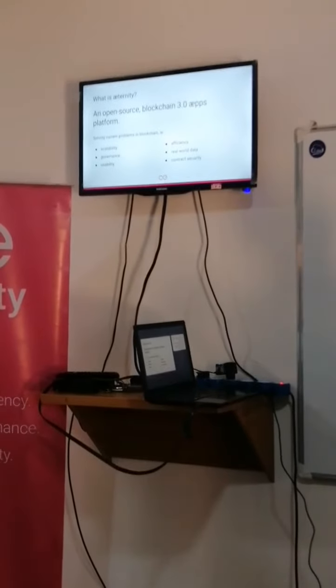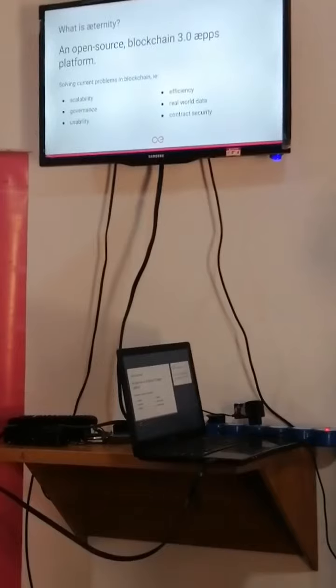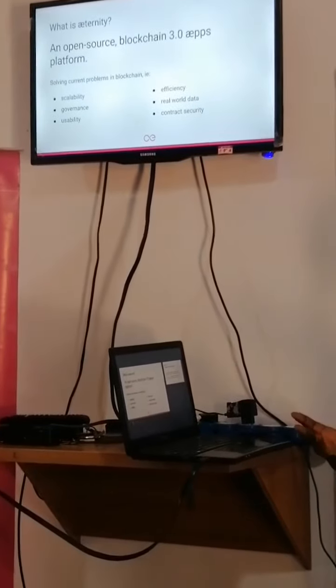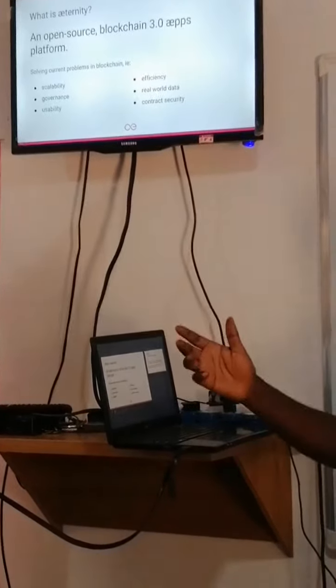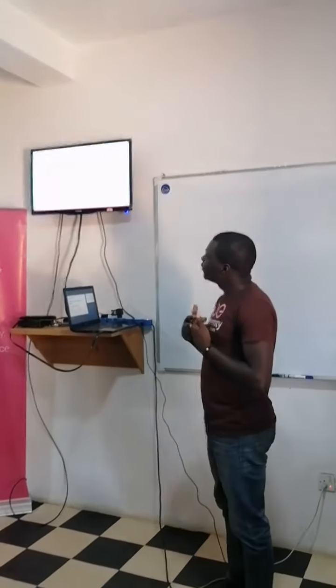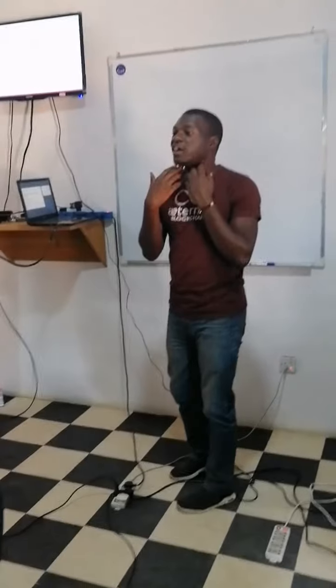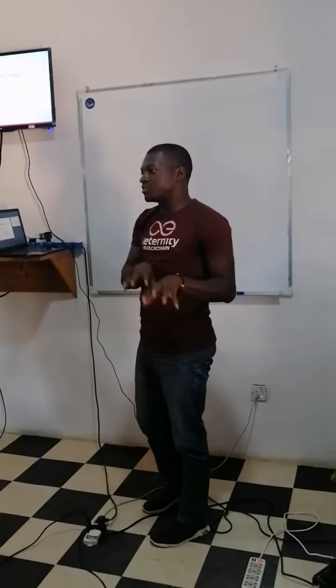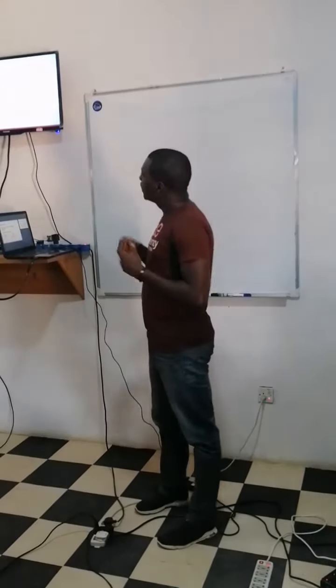Look at it. These are some of the features of Eternity. What Eternity is trying to solve is that Ethereum has quite a lot of limitations in terms of scalability. You can't scale to a certain level on Ethereum. And then, of course, the governance system of Ethereum, usability, of course. People want to have less complex functions on the blockchain.